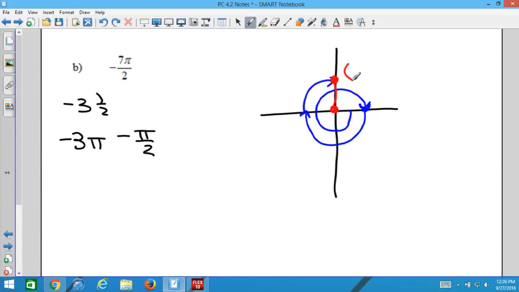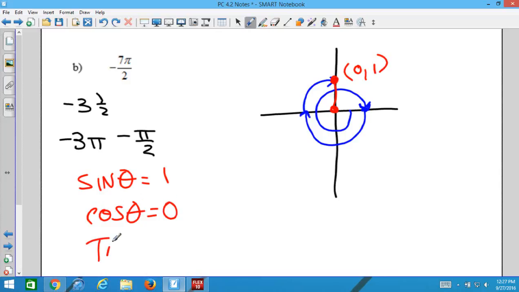What ordered pair? 0, 0, 1. All right, so sine is y, which is 1. Cosine is x, so tangent is undefined.